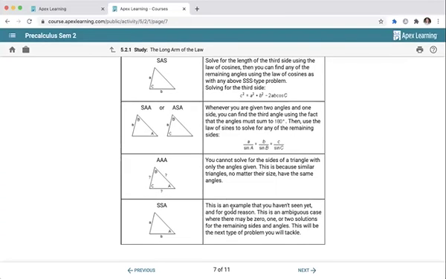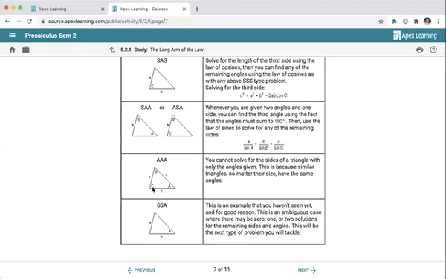Because for here, this is an angle, angle, angle. No matter their size, they're going to have the same angles. This is looking at similar triangles.